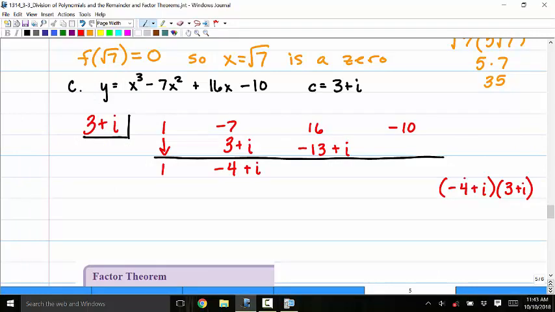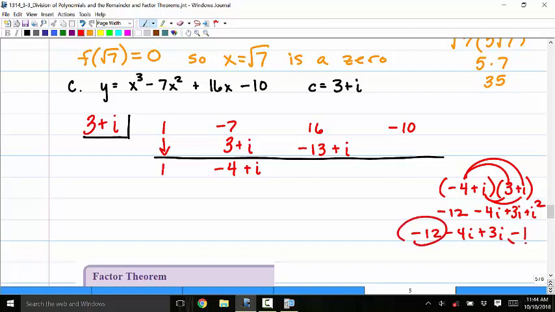Had you done it by hand, you would have had negative 12 minus 4i plus 3i and then plus i squared. And what is i squared equal to? Negative 1, so you'd have had negative 12 minus 4i plus 3i minus 1. Collecting like terms, you get negative 13.